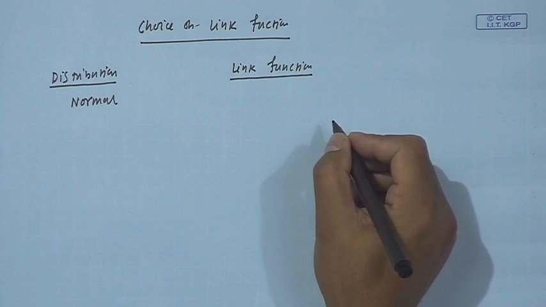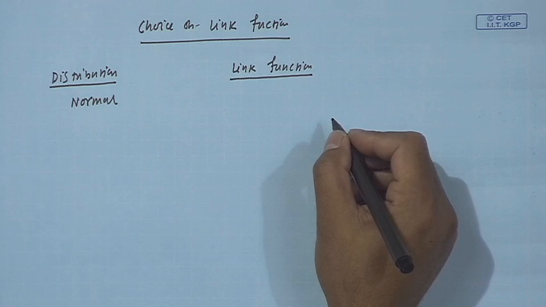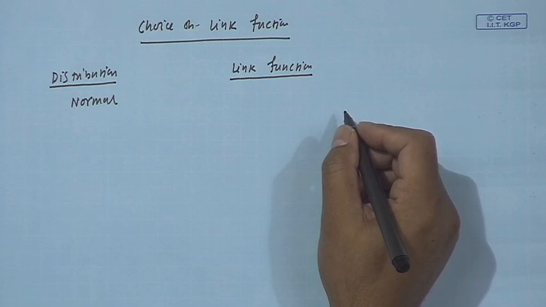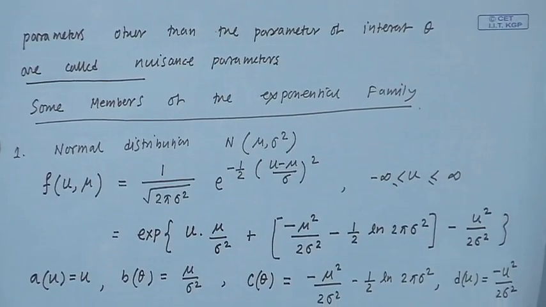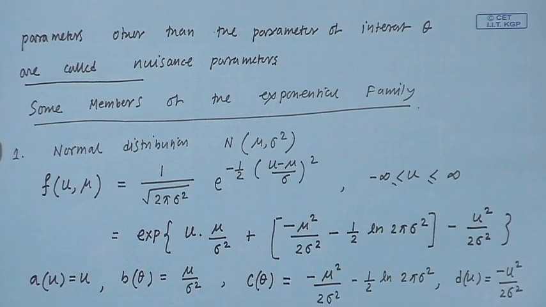Okay. So, in case of normal, I am just bringing one slide from my previous lecture. Here you can see the natural parameter is mu. You can forget this sigma square, because this is a nuisance parameter. So, you can write it simply mu.